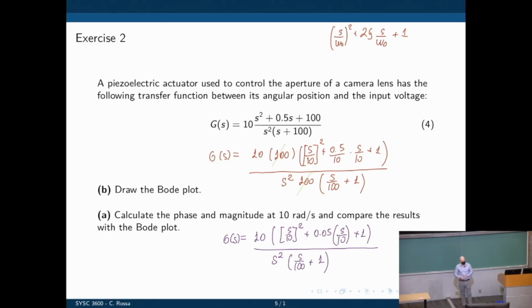What is 2 zeta here for the 0? 2 zeta equals 0.05, right? Why do we need to know that? Because that will indicate the magnitude of the Bode plot when we reach the cutoff frequency of the complex 0.